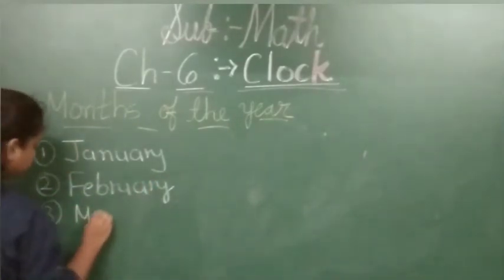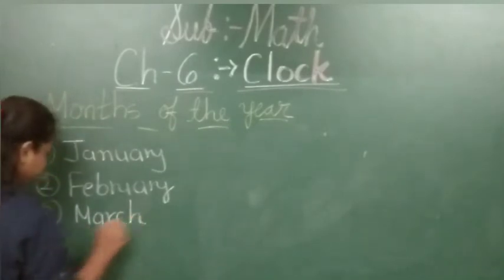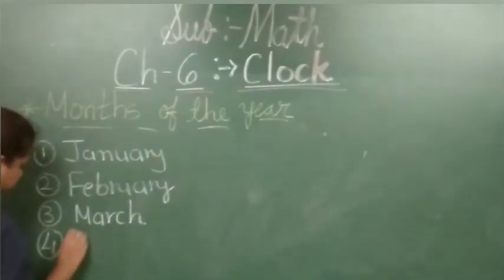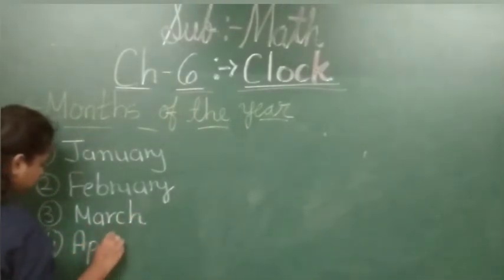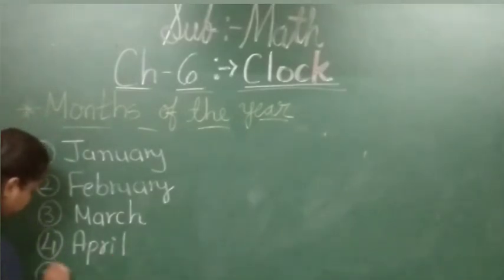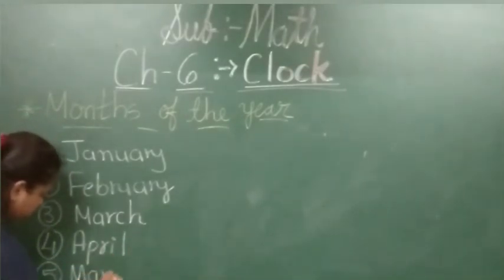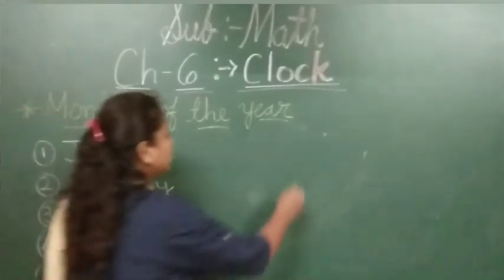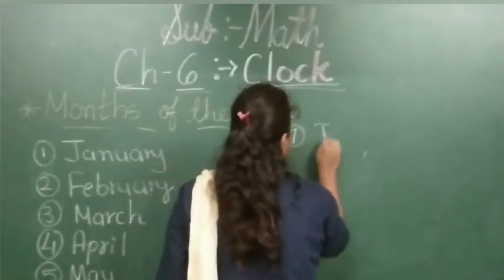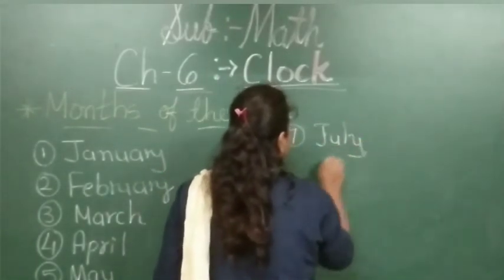Third one is March. Fourth is April. 5, May and 6, June. Number 7, yes, July.